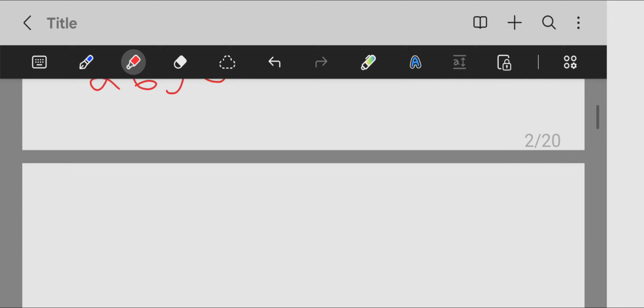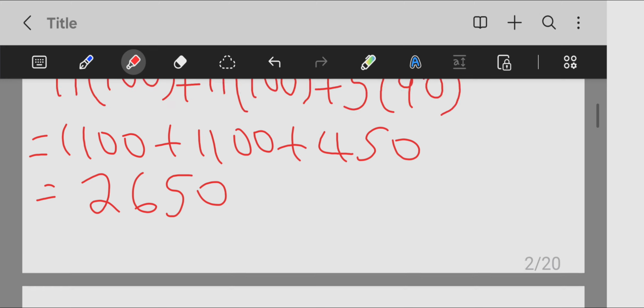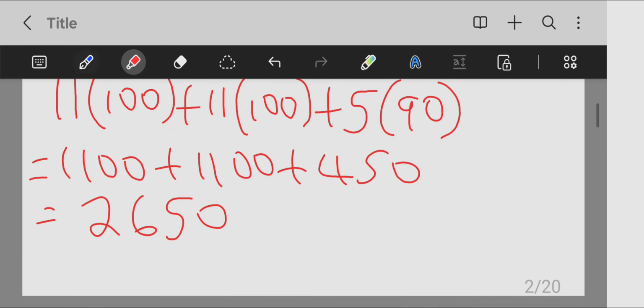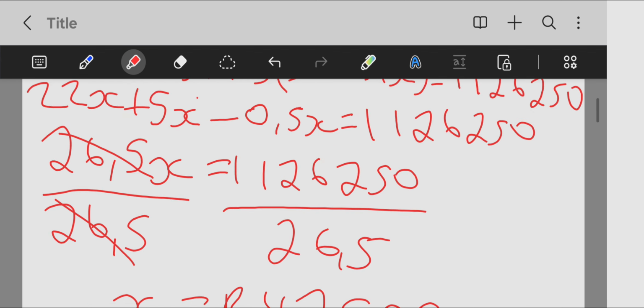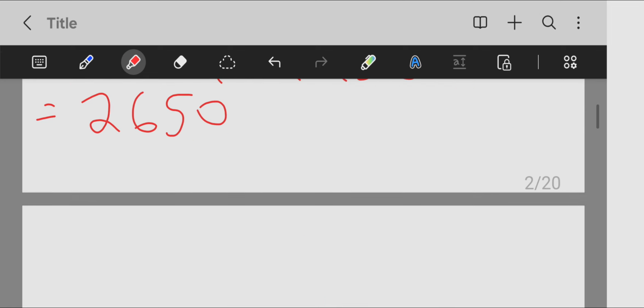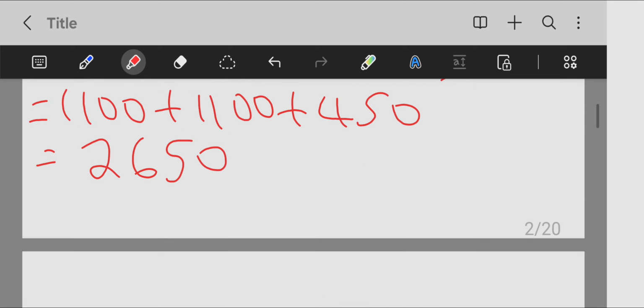Now, remember when we get this amount, we said 11 by 100, meaning that there is a certain 100 that we don't know, that is within this amount. And the proportion of that 100 is within the 2650.